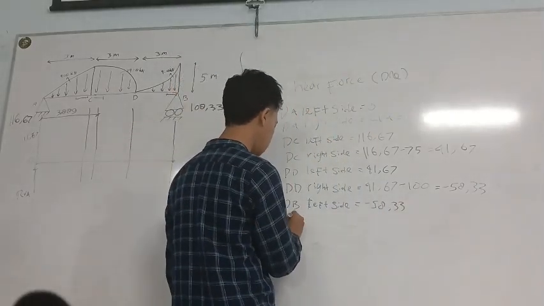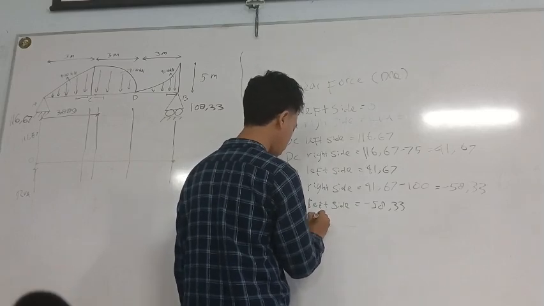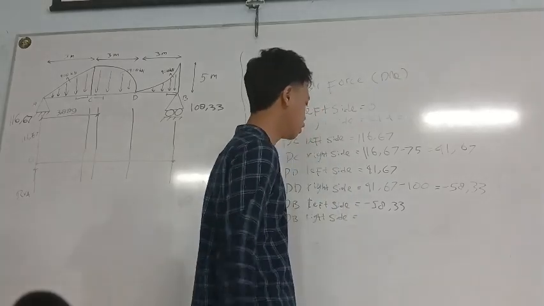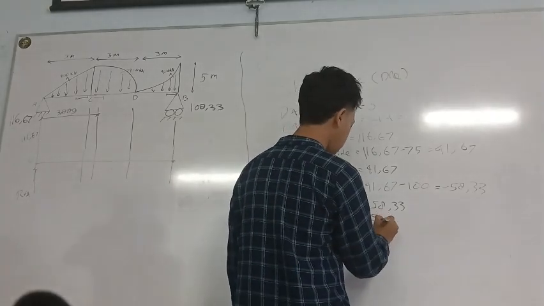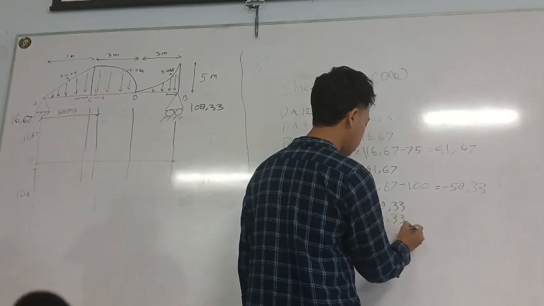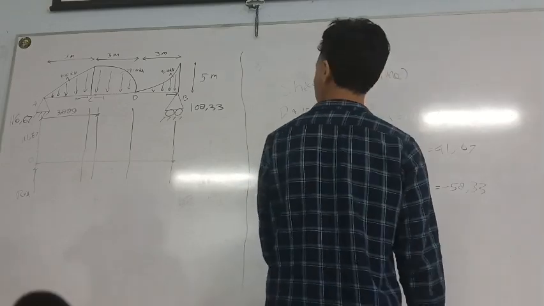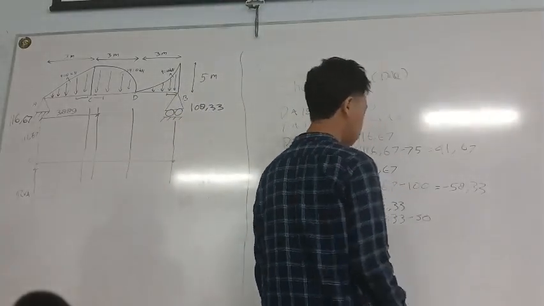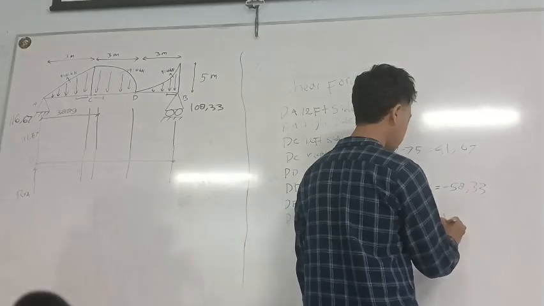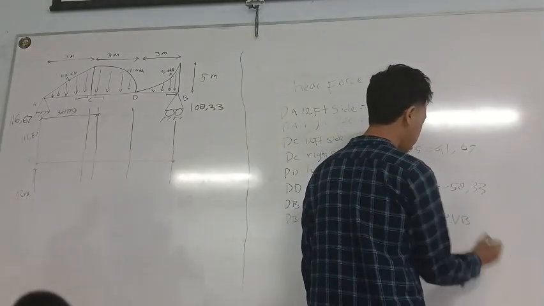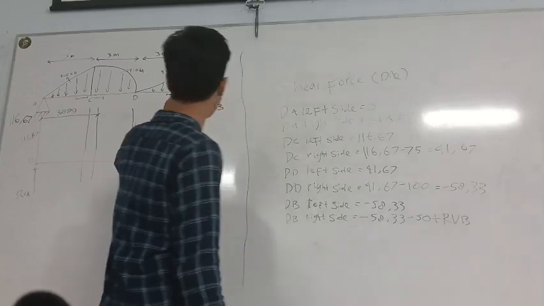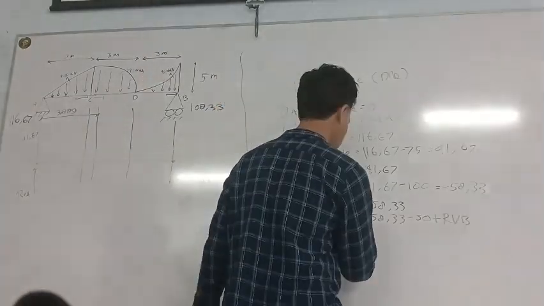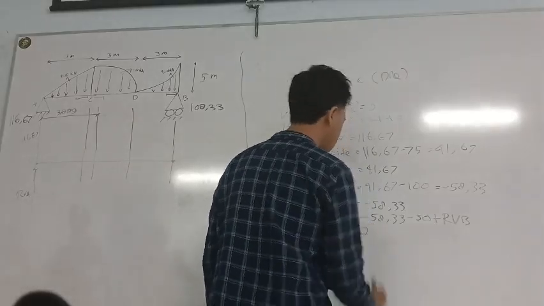The last is DB right side, which is 58.33 minus 50 and plus RVB. RVB comes from the reaction force at this point. So the answer is 0.